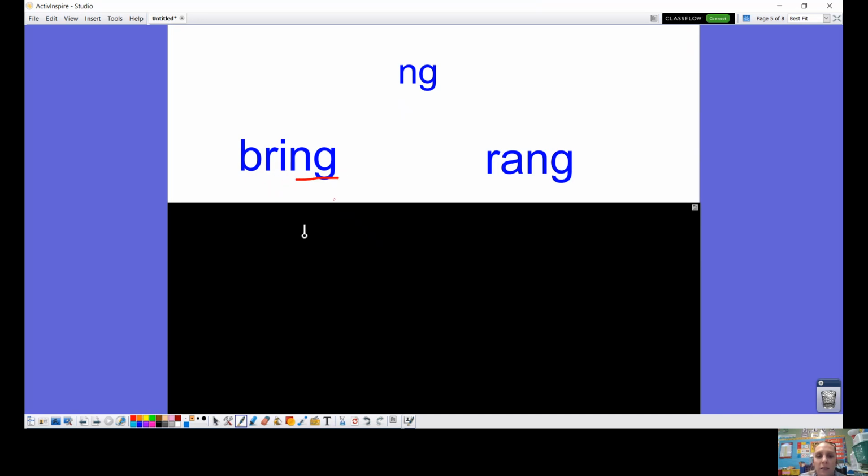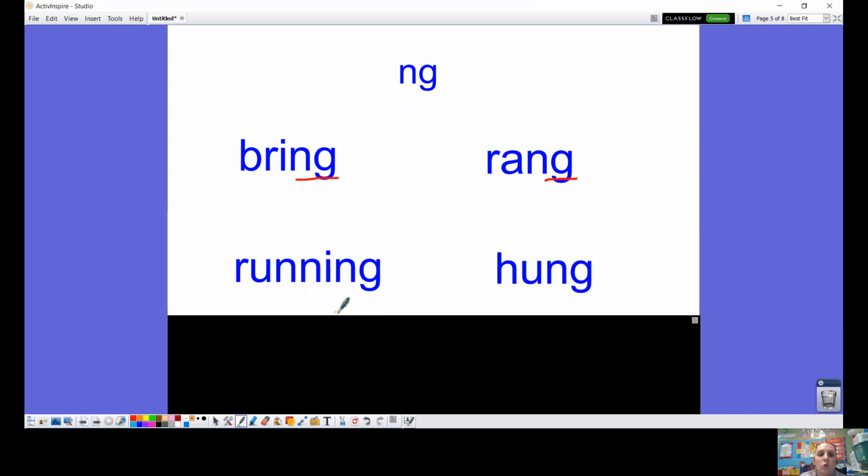Bring, rang, running, hung. All right, where do you see that the ng occurs in words? Yeah, it's going to come at the end of a word, and it could be in the ing ending, or it could just come after a short vowel sound. Okay.